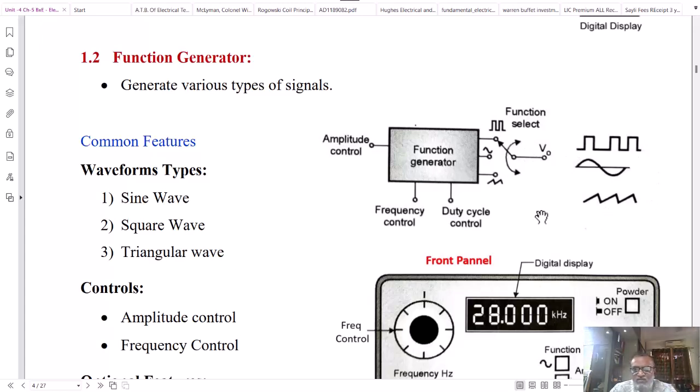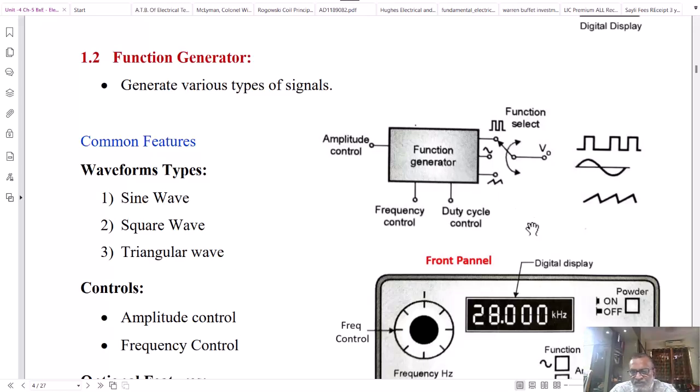In addition, the function generator has a facility to change the amplitude of the waveform, and a facility for controlling the generated waveform frequency. Some function generators additionally provide the facility to change the duty cycle of the waveform. The duty cycle control is applicable to the square wave function only.